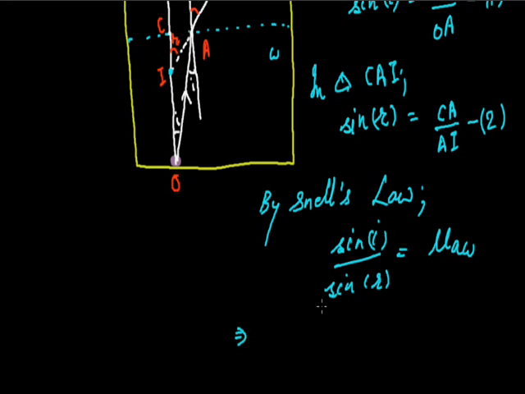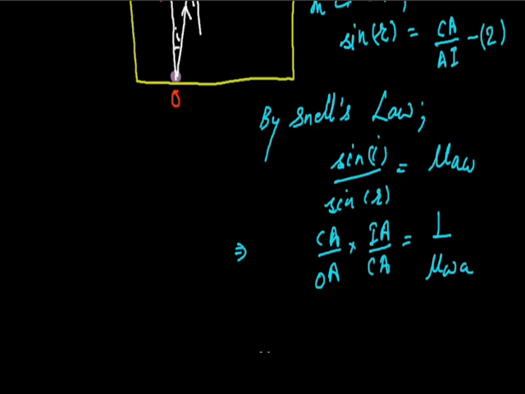Or we can say that sine i is CA upon OA into IA upon CA, and it is equivalent to 1 by the refractive index of water with respect to air. So this reduces to the refractive index of water with respect to air is equivalent to OA upon IA.